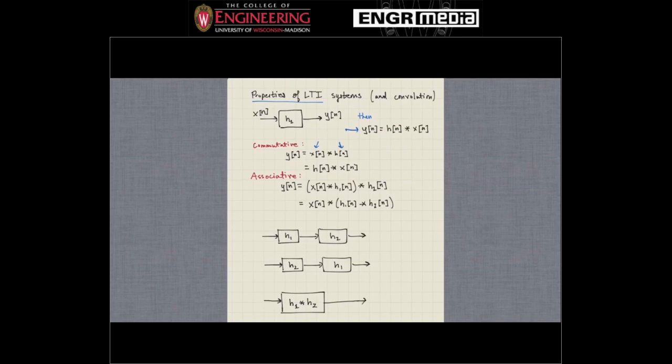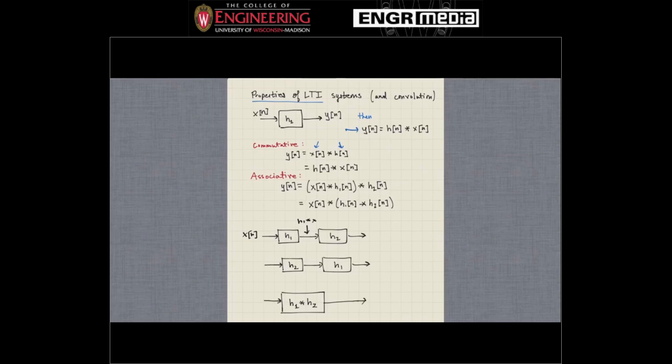Right, so what does this tell us about LTI filters? It tells us the following. If we input a signal x of n here, and that goes into a filter h1, the output at this point should be, I'll write this as just shorthand, h1 convolved with x, right?